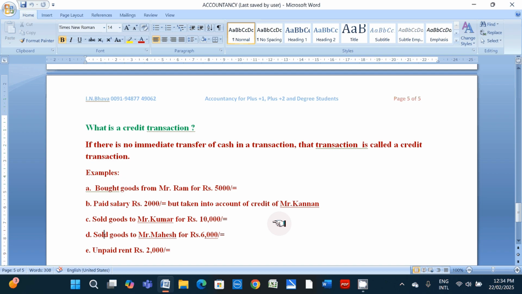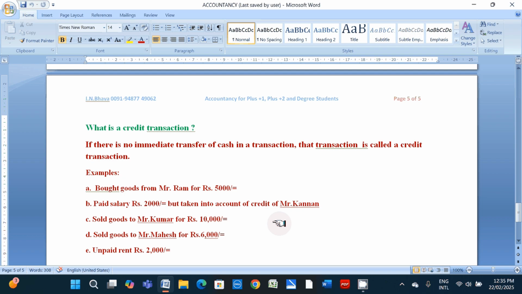Unpaid rent. Here it is mentioned unpaid rent. Rent is supposed to be paid, but we have not paid. So we have taken it into the account of outstanding rent in the particular name of the person. So it is called unpaid rent, rupees 2,000.